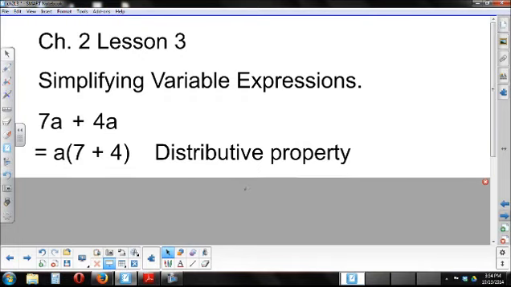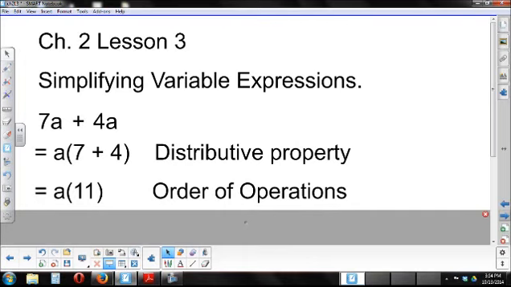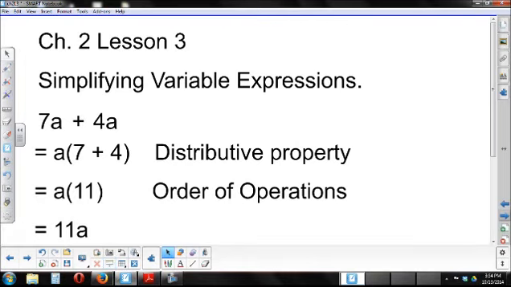Then, using the order of operations, we would add 7 plus 4 times a, and then call it 11a. Whenever possible, you always want to put the coefficient to the left of the variable. That's one way you could combine 7a and 4a.